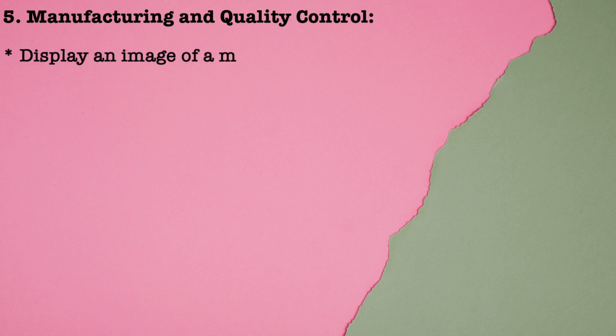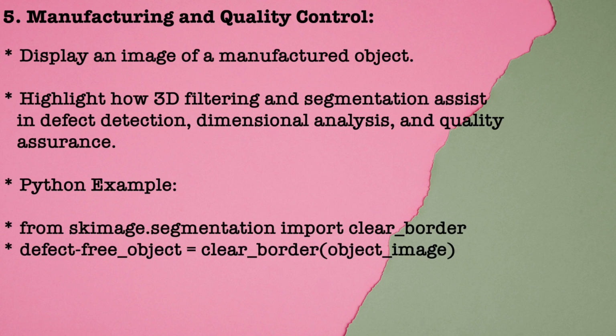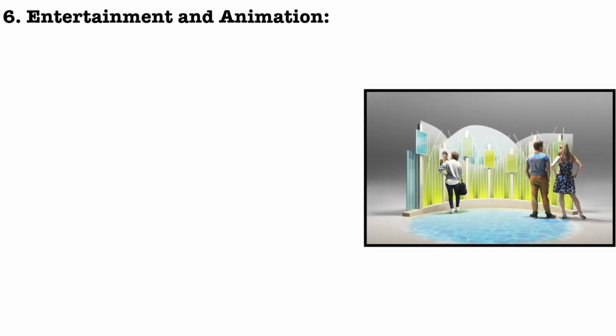After that, manufacturing and quality control. In this it displays objects which are captured, and 3D filtering assists in defect detection, dimensional analysis and quality assurance, and this is the code for segmenting that particular object. After that, entertainment and animation.